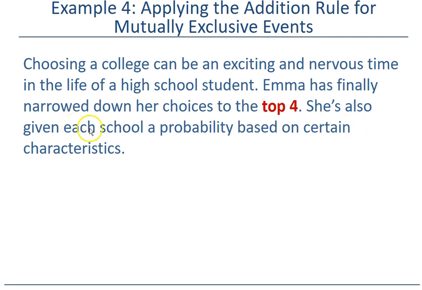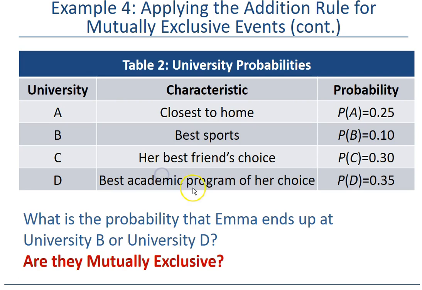She's also given each school a probability based on certain characteristics, so we're not doing that part. This is already known. So this is what we have here. These are the universities that she's thinking about, and these are the characteristics and her probability that she would select it.